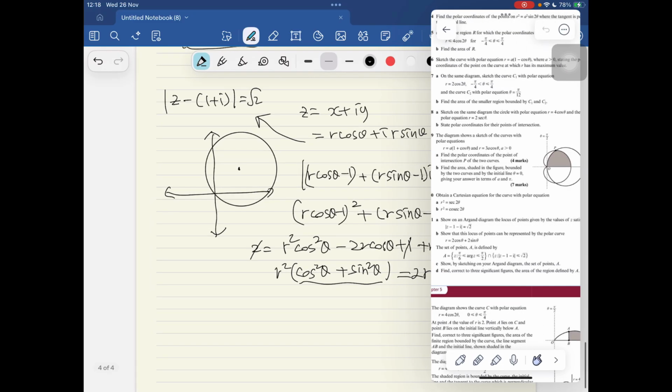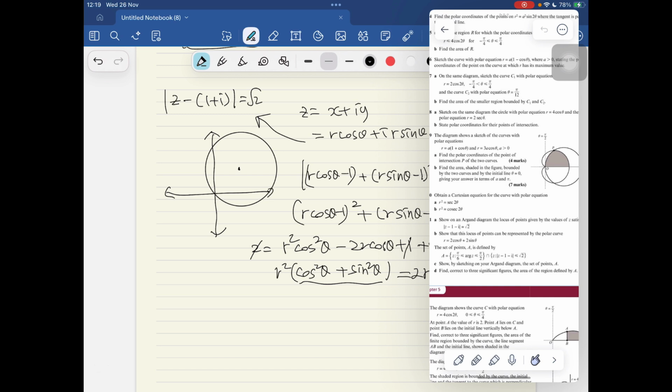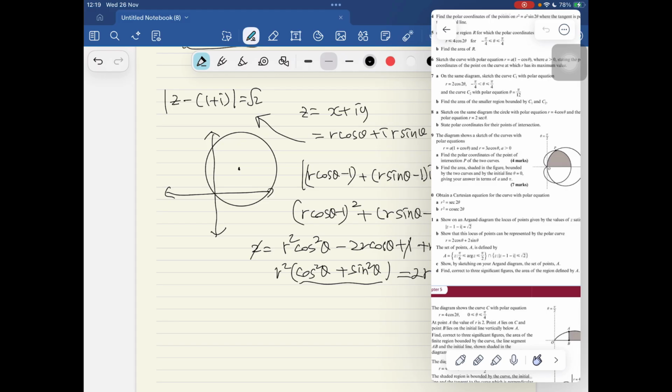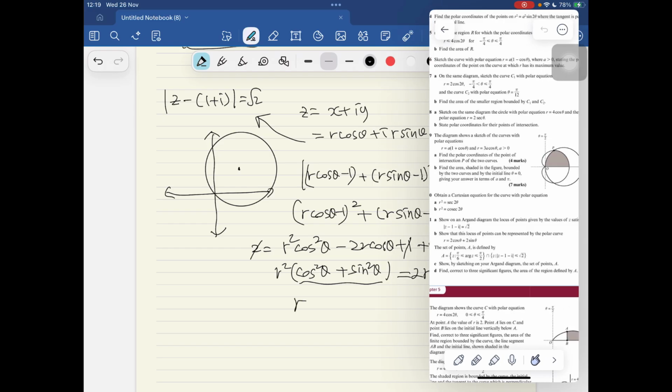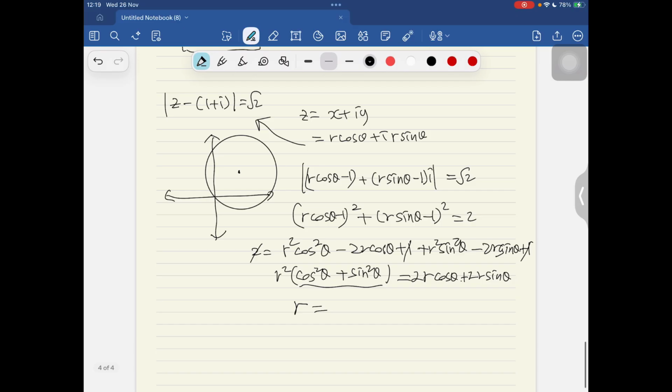We can make the assumption that r is not 0. Actually, it can be 0, but let's make it so. Anyway, here we cancel out one r, and r becomes 2 cos theta plus 2 sine theta.